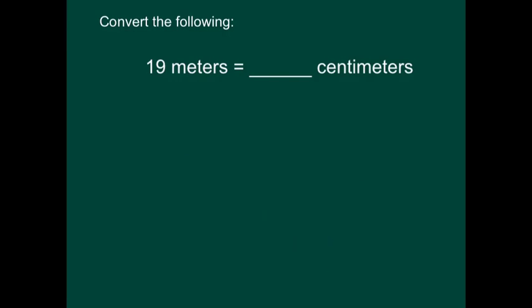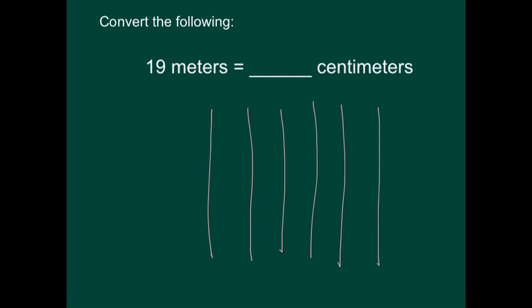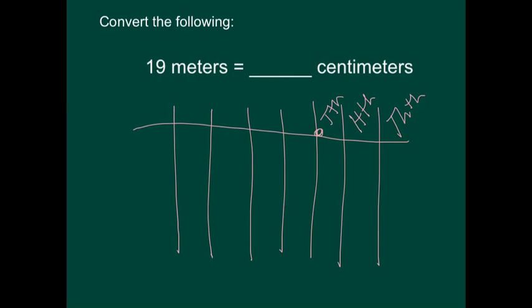Next, the following problem is to convert 19 meters to see how many centimeters it is. Pause, please. Okay. First, I'm going to set up my place value chart. I'll have my thousands, my hundreds, my tenths, my decimal, ones, tens, hundreds, thousands, 10,000s.